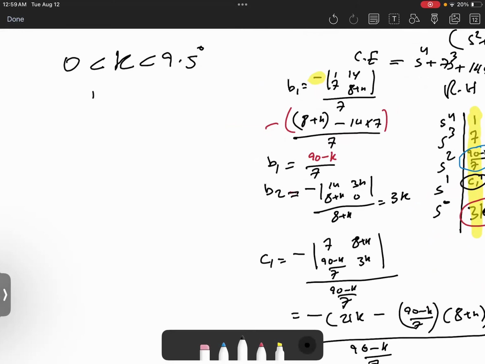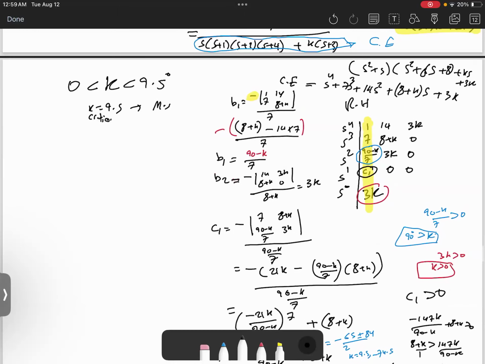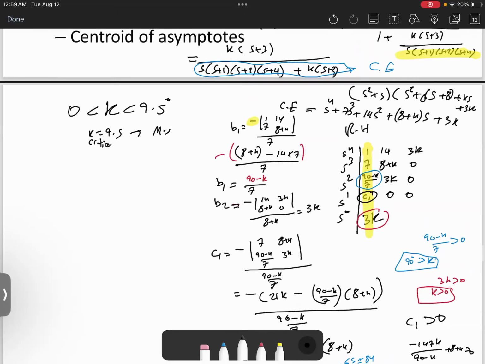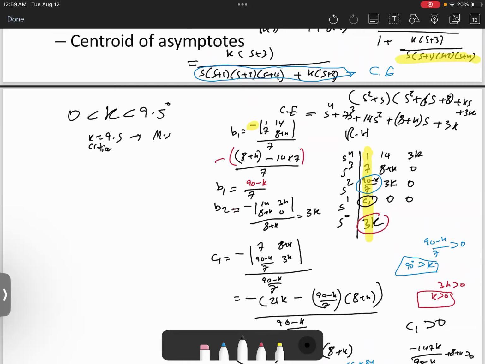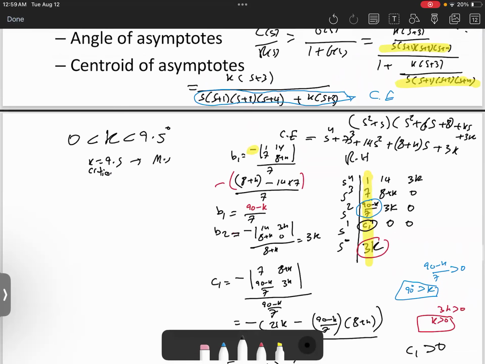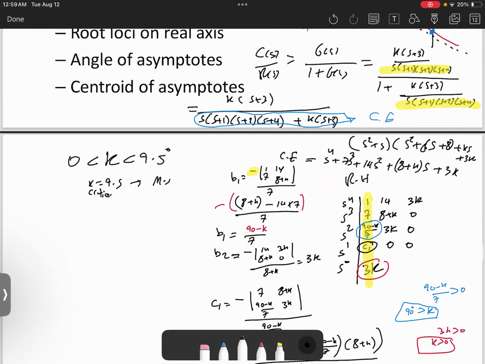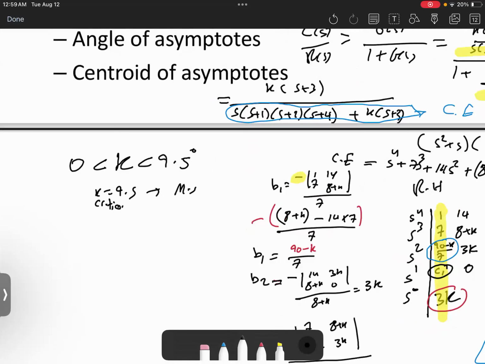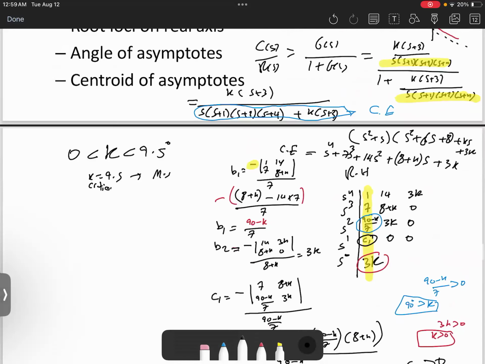So we can say at k equal 9.5, it will be marginally stable. This is the critical value. So let's calculate the characteristic equation, or calculate the poles, when k equals 9.5. Where are the locations of the poles? We have a fourth order system, so it will be kind of difficult to determine this spot.